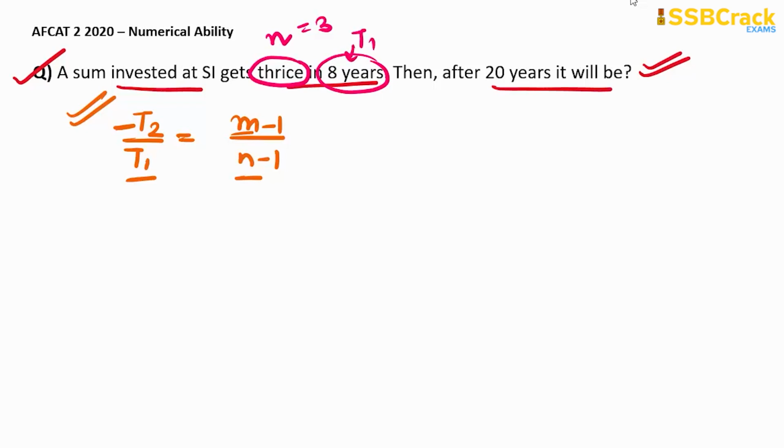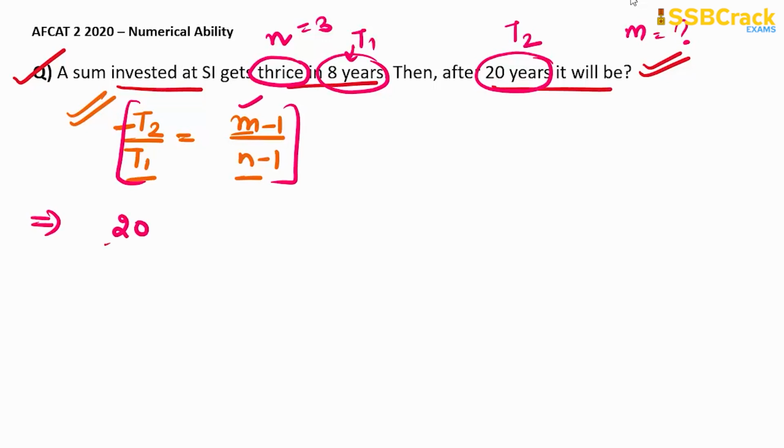Similarly, we have to find after 20 years the sum will be. So 20 years means we are given T2, and we have to find the value of m in this question. Now we will directly put the values in this formula. So T2 is 20 years, T1 is 8 years, m is unknown and n is 3, right?